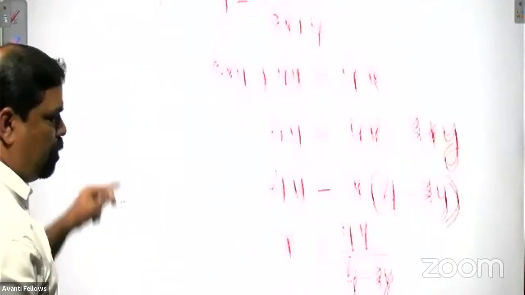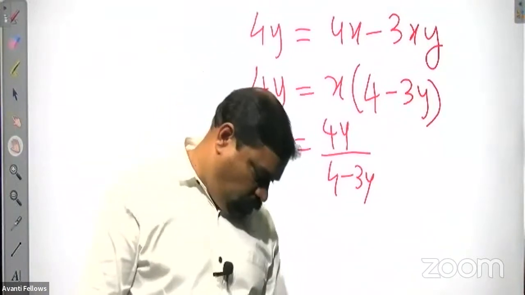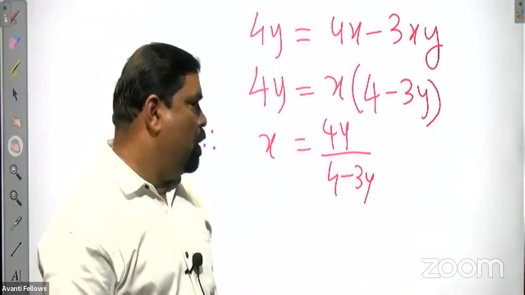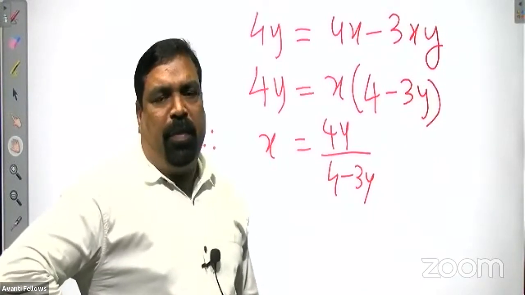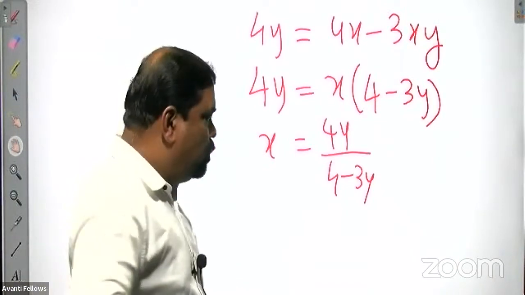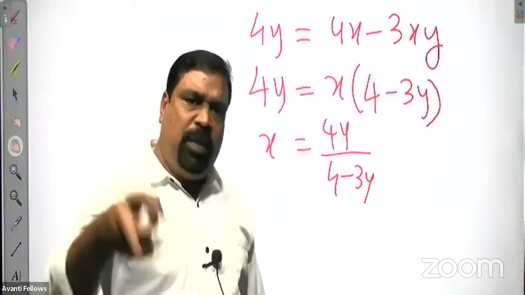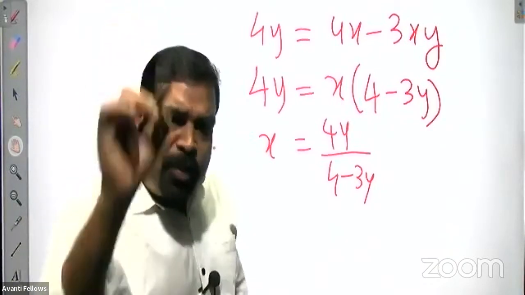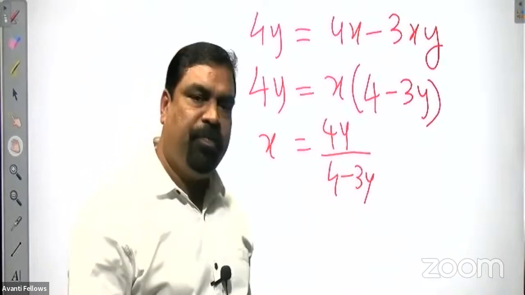Clear? X equal to 4y by 4 minus 3y. Remember, if there is a pre-image x, then that x must be equal to 4y by 4 minus 3y.